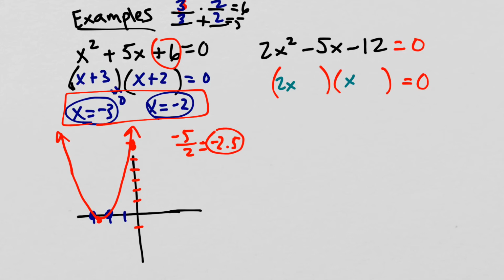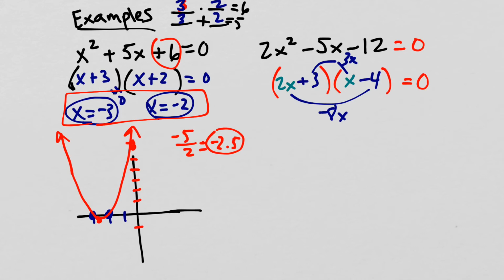Maybe it's going to be the 6 and the 2. I would try a 3 and a 4. So try a 3 here and a 4 here. If you look at the outside, that's 8x, and the inside is 3x. So to make a negative 5, this has to be a negative 8. So we need a negative with the 4, and a positive with the 3.